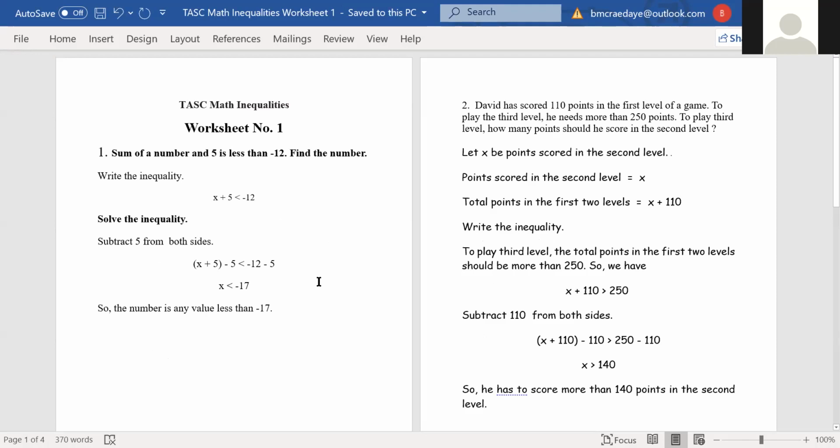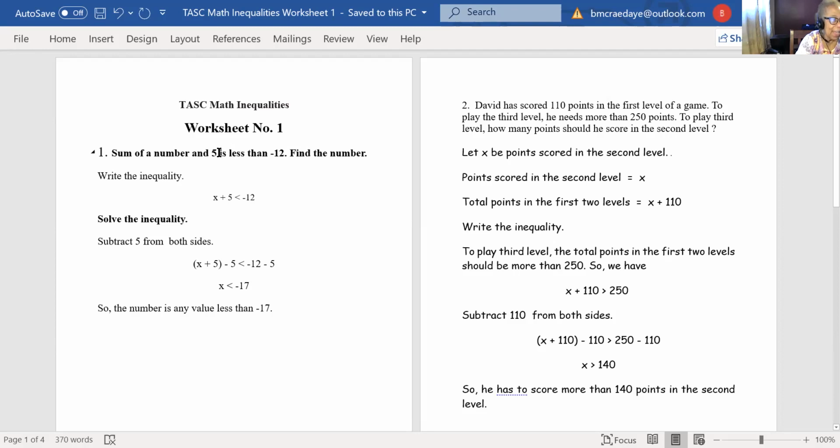Now, these are some other inequalities, word problems, but actually I'm giving you the explanation for them. I just want to make sure you understand them. When we say the sum of a number and 5 is less than minus 12, the sum means added. The sum of a number and 5 means you're adding a number and 5.